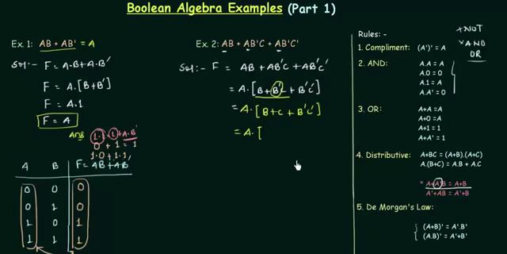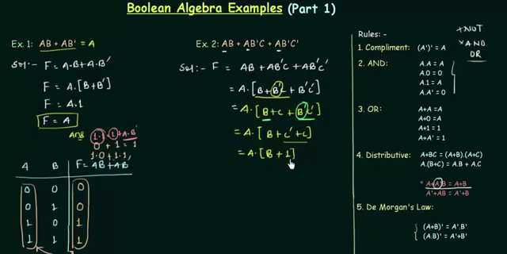And again you can see we can implement this law once more. Here if I see B complement, C complement, I'm going to again eliminate this B complement so that I will have B or C complement or C. Now it is really easy to calculate C complement or C. From here you can see A complement or A is equal to 1, so C complement or C is also equal to 1.